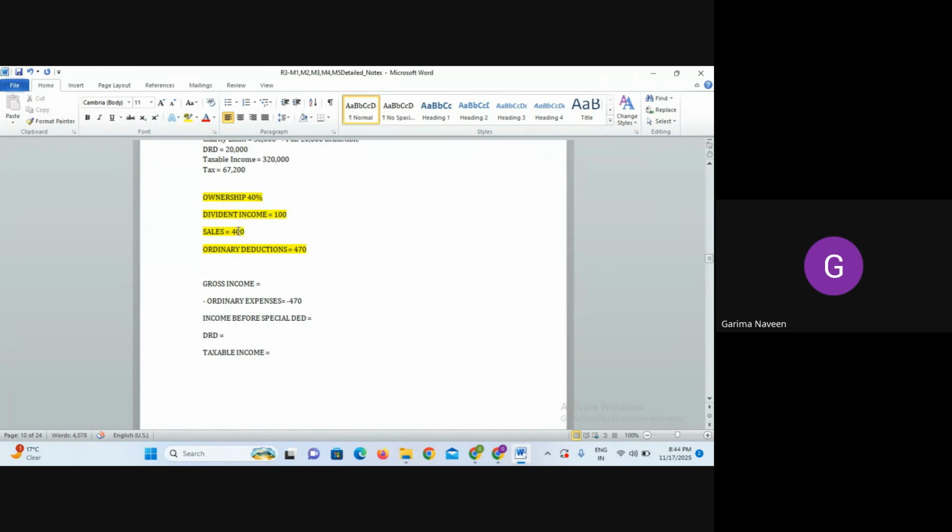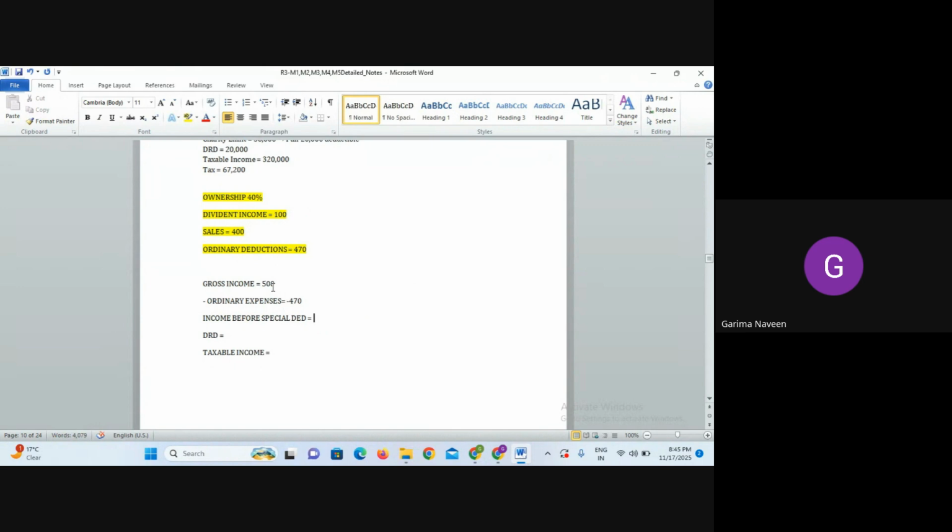So you have sales of 400 and dividend income of $100. So please calculate the DRD and taxable income. Gross total income will be 500. Tax before DRD will be 30. DRD will be 19.5.